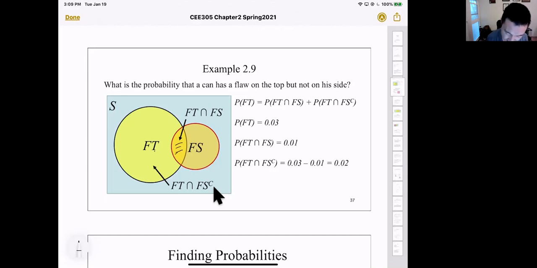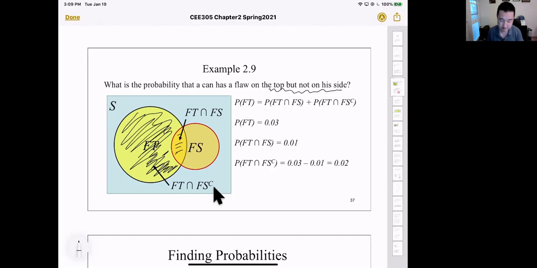So the question is asking, it has a flaw on the top but not on its side. So which area is the question asking? On the top but not on the side. So it should be this area, not including the intersection.